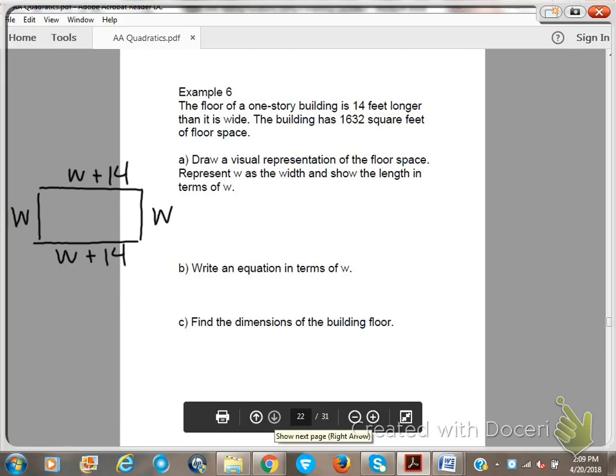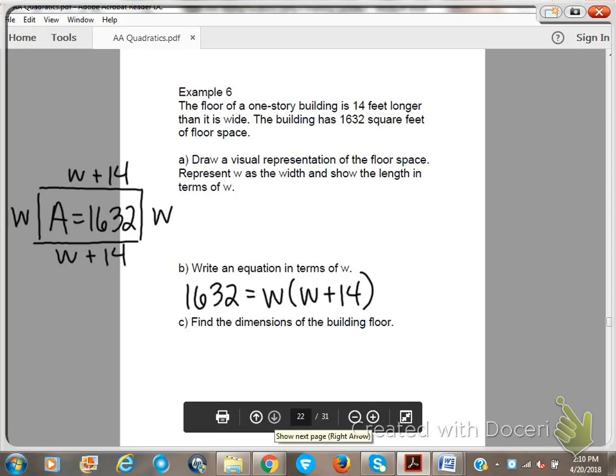Do we have to put 1632? What should we do with that 1632? That's the area, so in the middle of the box, we'll write A equals 1632. On part B, write an equation in terms of W. What kind of equation could we write? 1632 equals length times width.